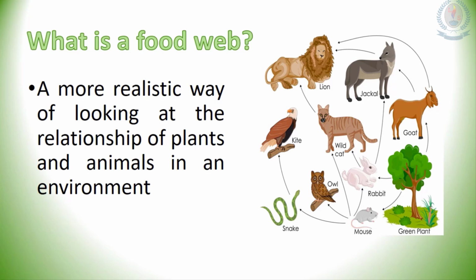Another one. Green plant, goat, jackal, lion. Green plant, rabbit, wildcat, lion. Another one, green plant, mouse, rabbit, wildcat, lion. Yes, you can see that several food chains link together.